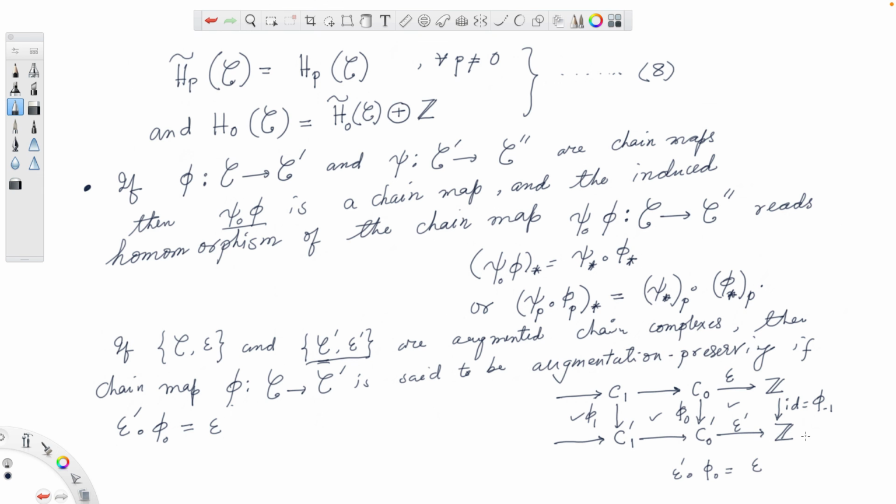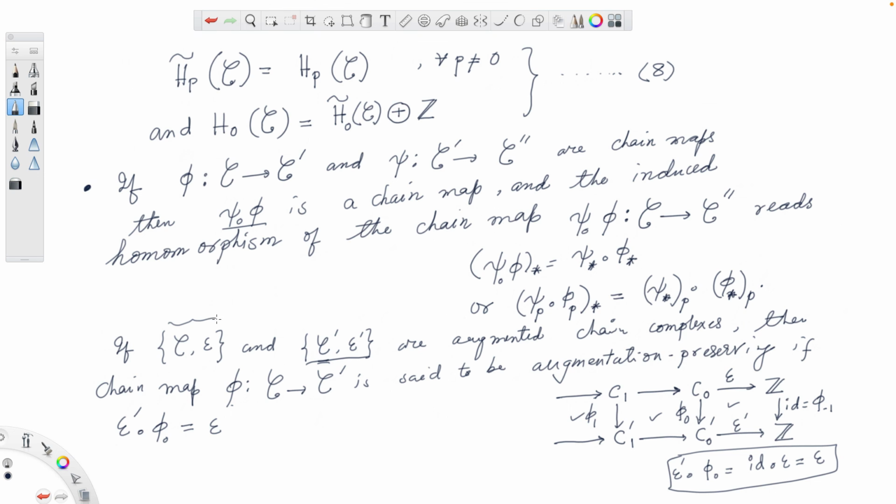Right? Identity map composed with epsilon, which is just epsilon. So commutativity of the last square gives us this one. Okay, so in other words, we want this diagram to commute.